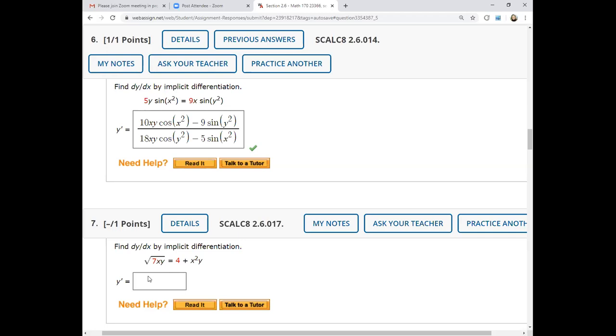I'm going to have 7y times 1/2 (7xy) to the minus 1/2, minus 2xy, is equal to x squared dy dx minus 7x over 2 times (7xy) to the negative half dy dx.